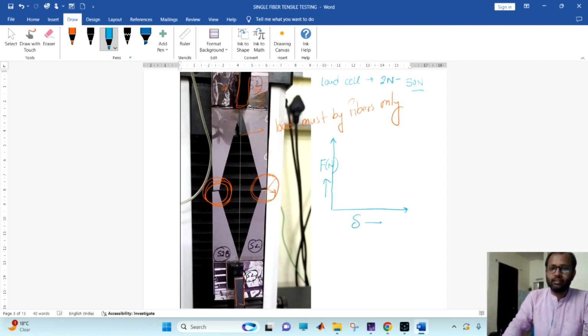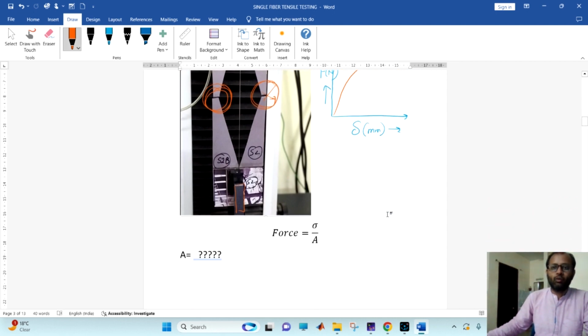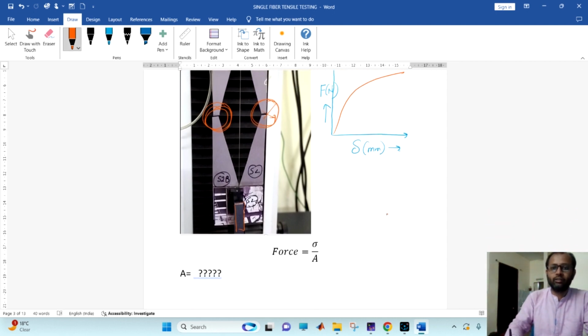So we will get the force in Newton directly from the load cell. We will get the displacement from the crosshead, and we have got some curve. Now, in the next step, we are not interested in the force and displacement.